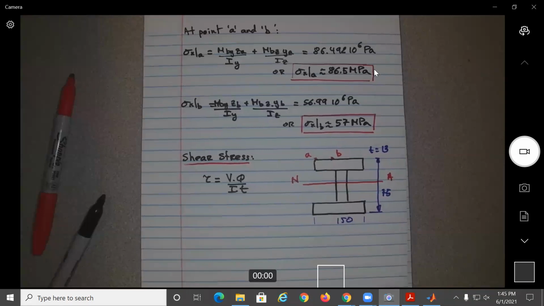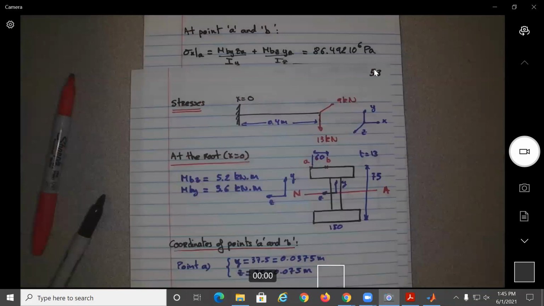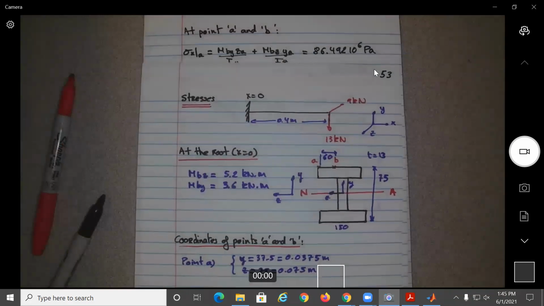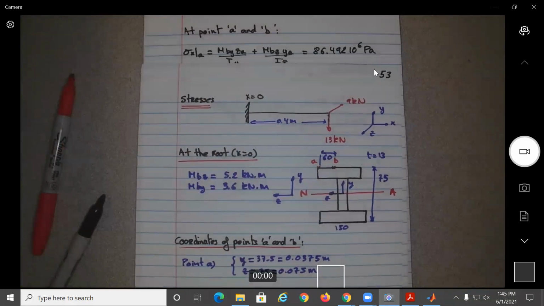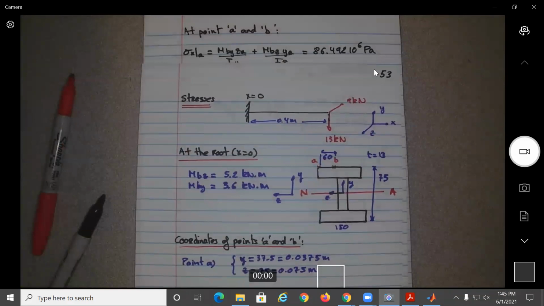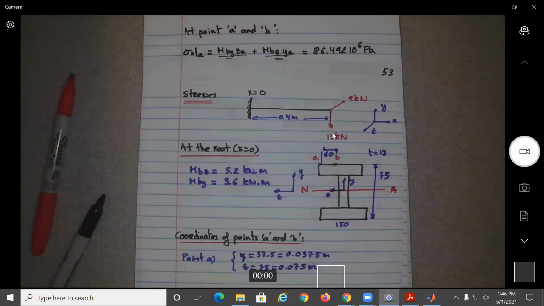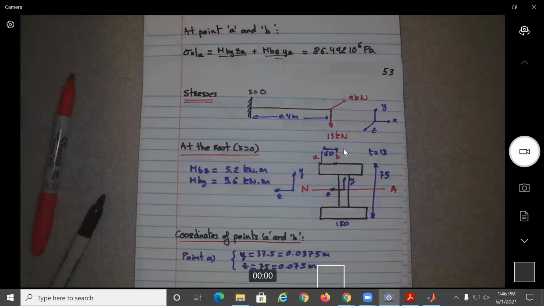And now remember, from this problem, we calculated Vy and Vz. And here, what do you have? So this is pulling down. We calculated that the force inside the structure needs to be in the opposite direction, no? Yeah?